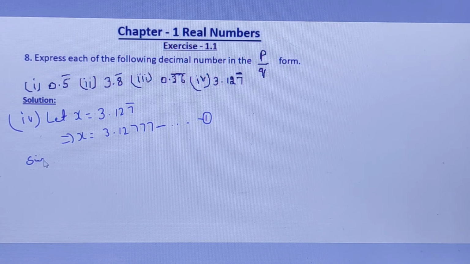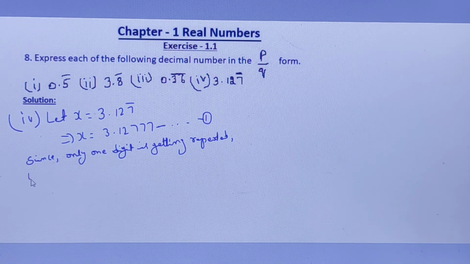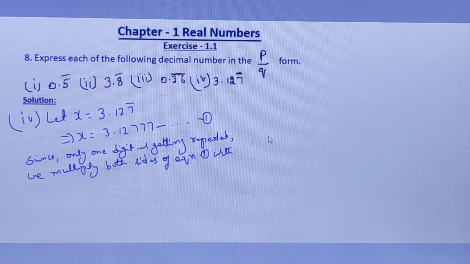Since only one digit is getting repeated, we multiply both sides of equation 1 with 10.